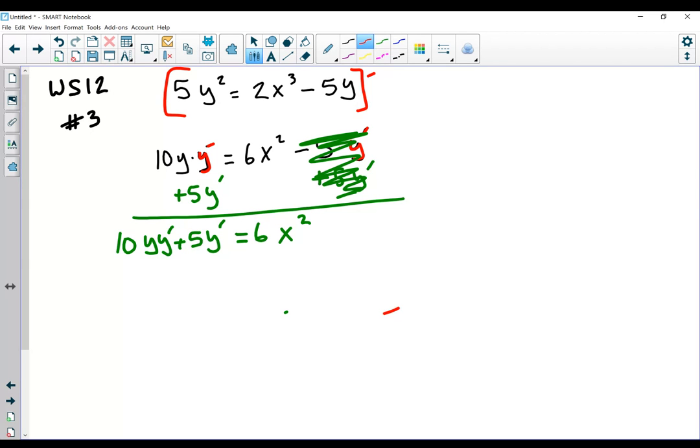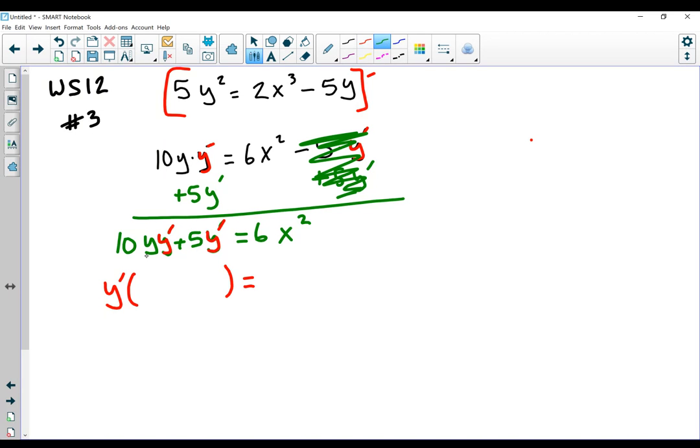And again, just to help us visualize it, this is what we're solving for, is the y prime. Still, kind of hard to know how to solve for that. But there's a little trick. What you do is factor out the y prime. Both those terms contain a factor of y prime.